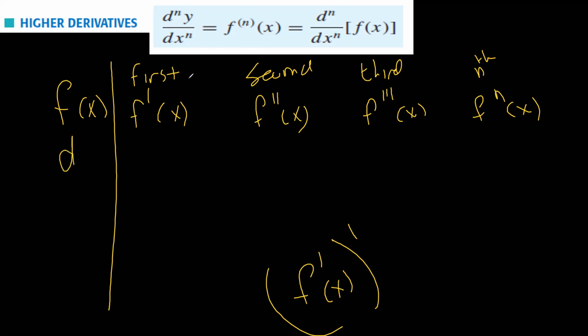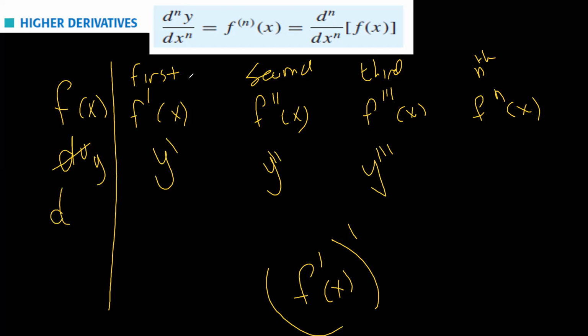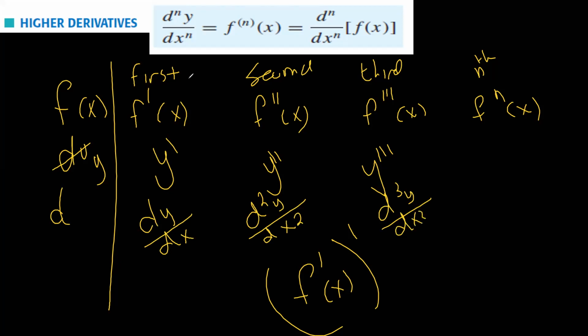If I wanted to write it as y, you will say y prime, y double prime, y third prime, and so on. And if you wanted to write it as dy over dx, you will say it like this, or like this.